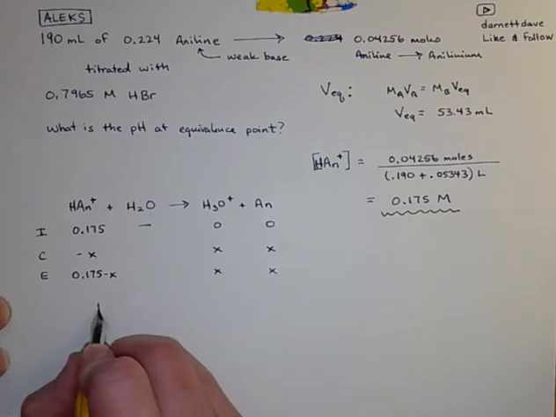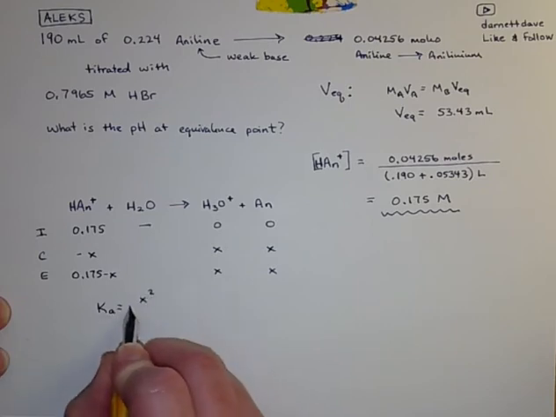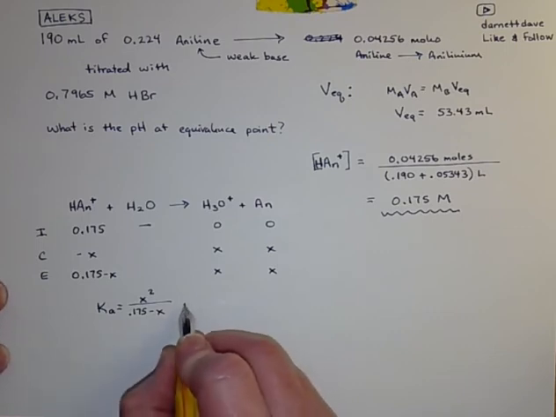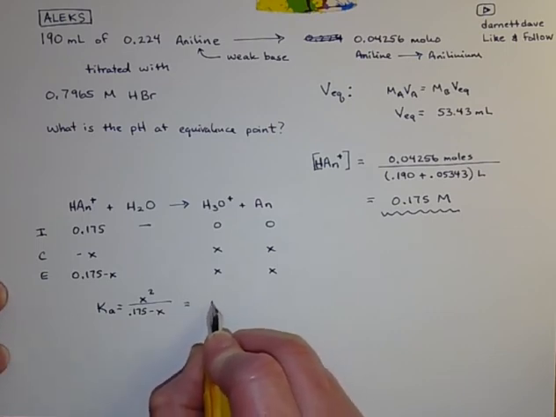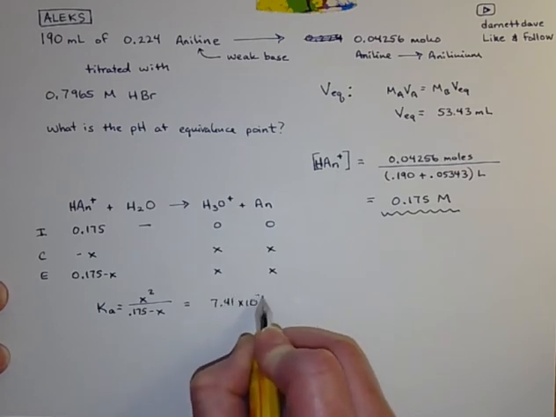So we could write Ka then is equal to X squared over 0.175 minus X. And Ka for the anilinium ion is equal to 7.41 times 10 to the minus 10.